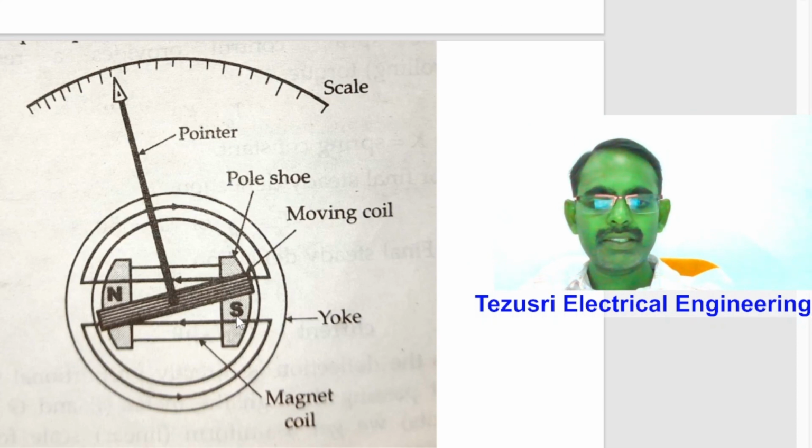In recent years, with the development of improved magnetic materials like Alcomax and Alnico, the magnet itself serves as the core, as shown here. The moving coil moves over the magnets.